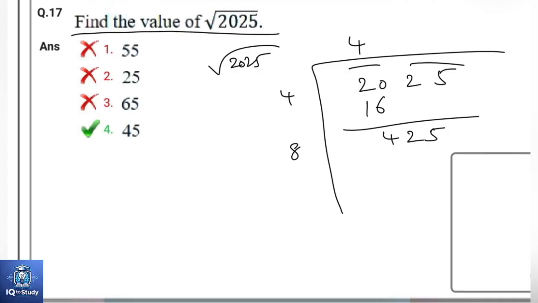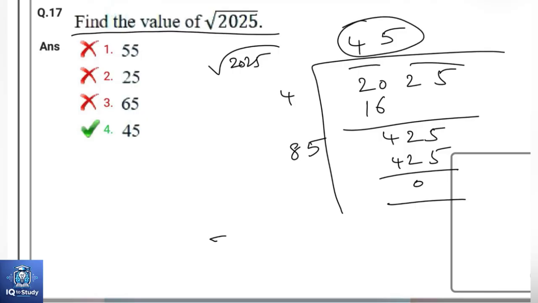If we take 5 here, 5 into 5 which is 25, and 5 into 8 40 plus 2 which is 42, and the remainder is 0. So the square root value of 2025 is 45. So option 4 is correct.